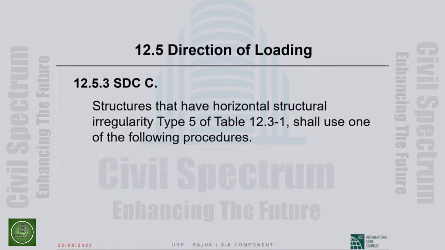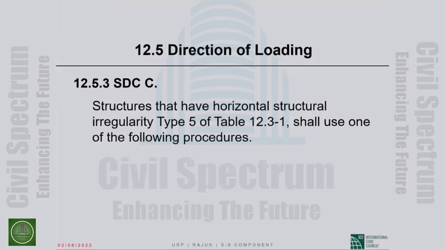Design category C. What is true of design category B is also true of design category C, and something else is true. So design category B, independently in each orthogonal direction, was fine. Design category C, that is still fine unless you have a structure that has horizontal irregularity type 5, non-parallel seismic force resisting systems that we are discussing.